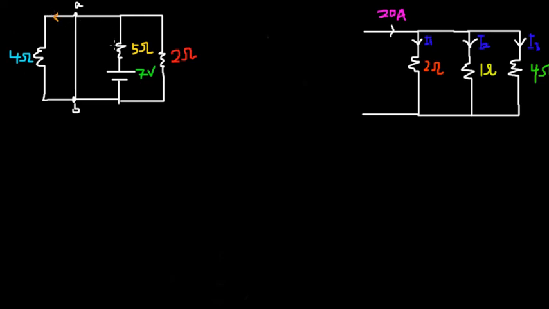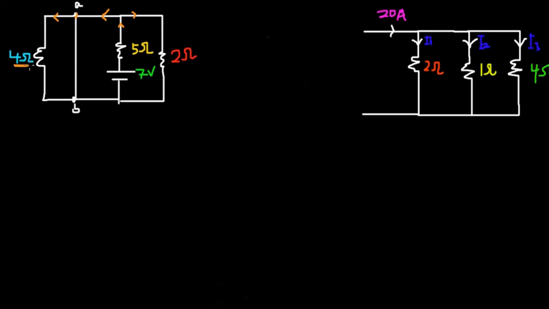So the current will start from 7 volts, and will move in this direction, and then maybe this direction. But once the current gets to this point, all the current will be absorbed through the AB, so no current will flow to the Y, where we have our resistor 4 ohm.